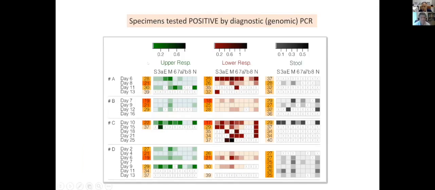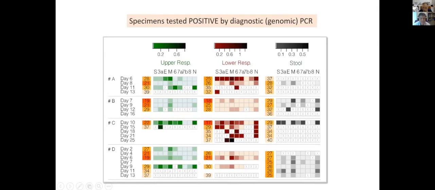And here are examples of serial samples from the same patient: upper respiratory tract, lower respiratory tract, and stool. All these samples were labeled as positive by diagnostic PCR, for example, up to day 13. But if you use subgenomic PCR, this sample would be regarded as infectious only up to day 8. For the stool sample, diagnostic PCR is positive up to day 13, but none of them contain subgenomic virus, so they are not infectious.